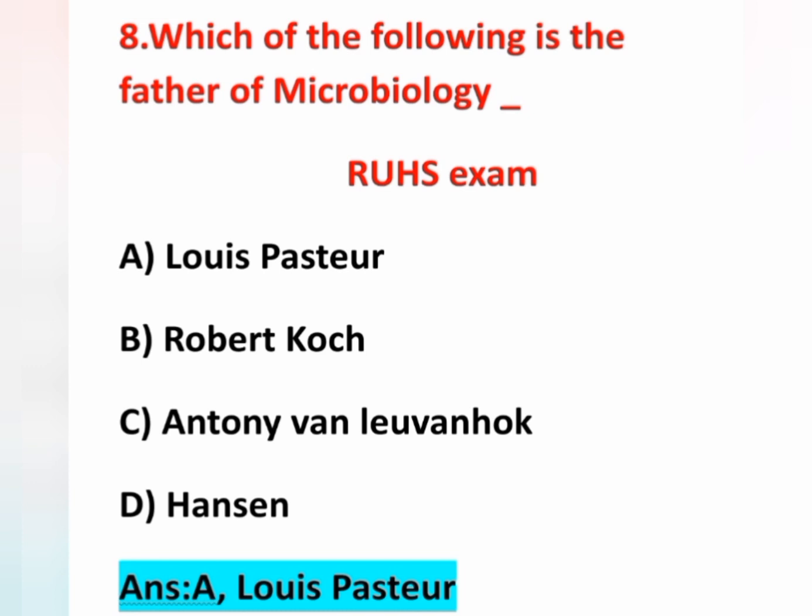Robert Koch is the father of bacteriology. Anthony van Leeuwenhoek invented the microscope. And Hansen discovered the leprae bacilli, that is Mycobacterium leprae. So the father of microbiology is Louis Pasteur.